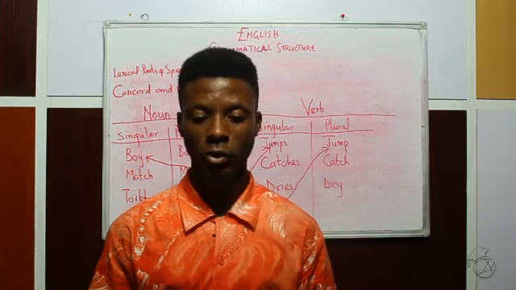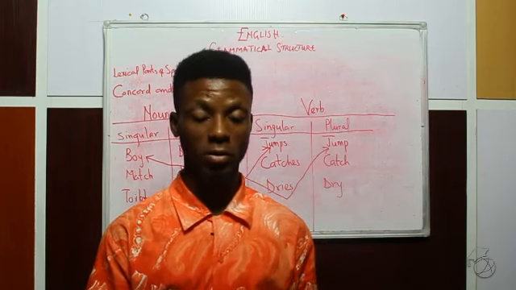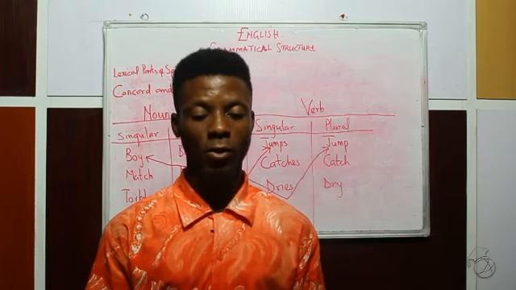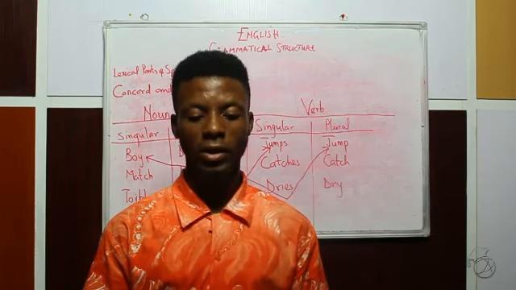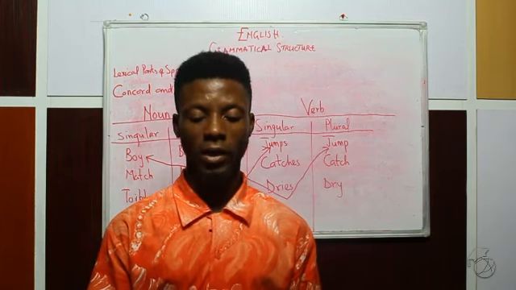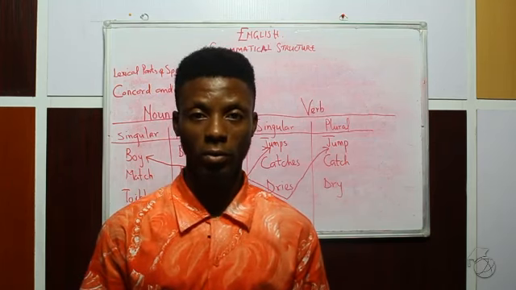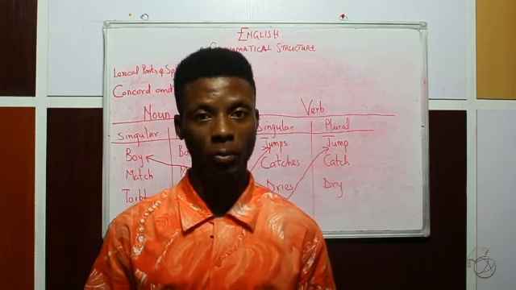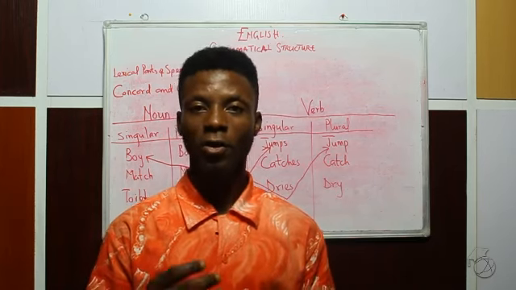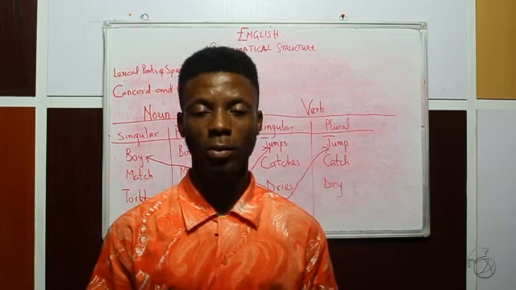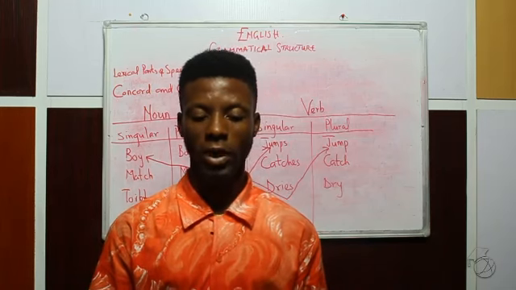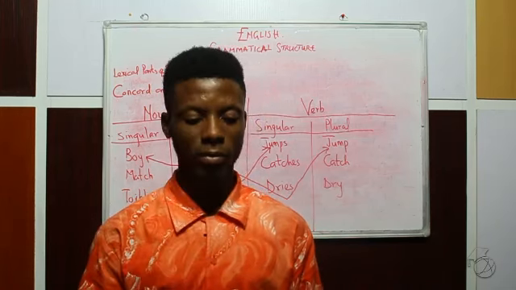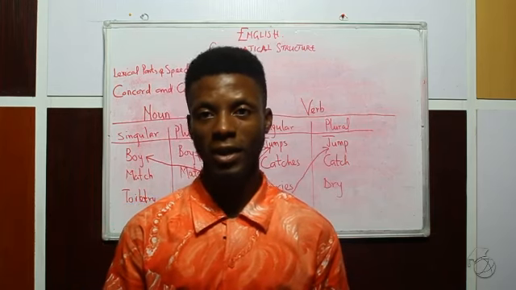Other examples may include they cry every day. They is a plural pronoun of the third person. It is serving as a subject in that sentence. Cry is a plural verb. You cannot say they cries every day.